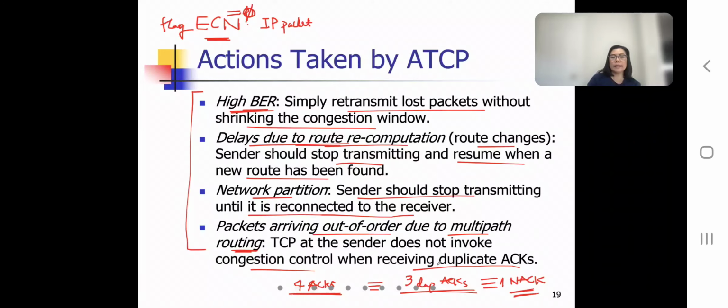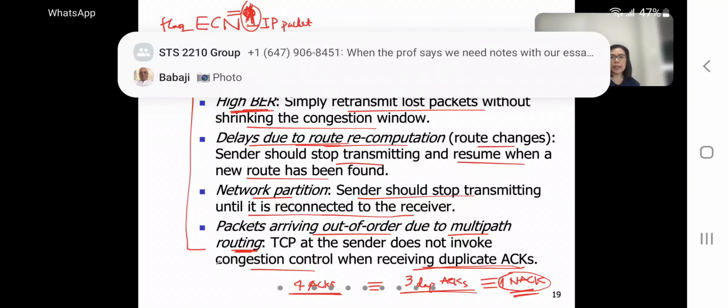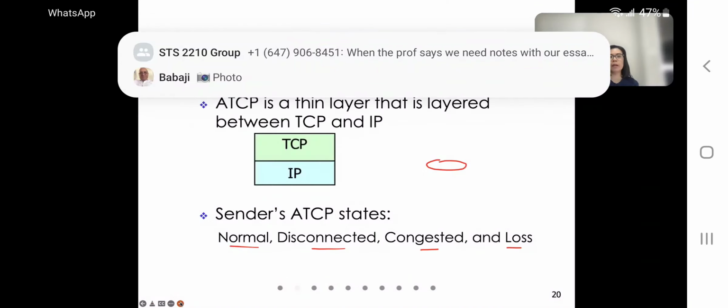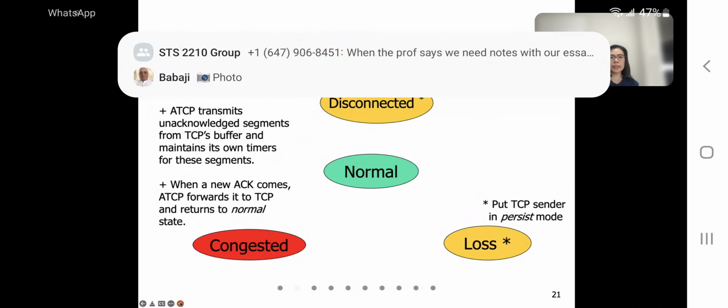So when TCP receives duplicate acknowledgement and this flag is 0, that means it's not because of congestion. But when a packet is lost and this flag is 1, that means the loss is caused by congestion. So that's how TCP and ADCP know whether there's congestion in the network or not. All right, so let's go into each of these states.